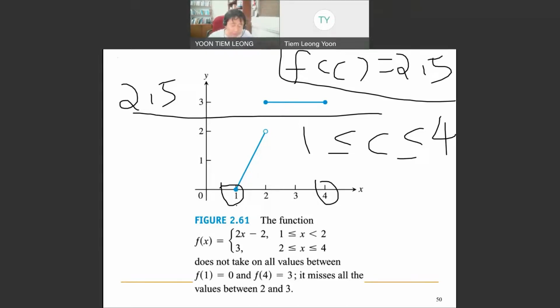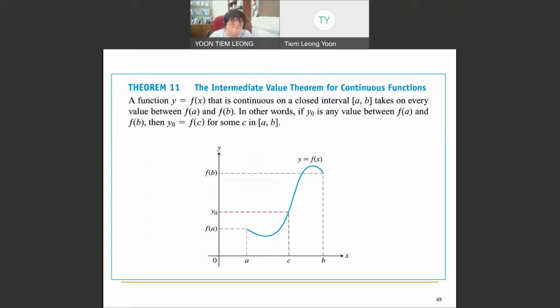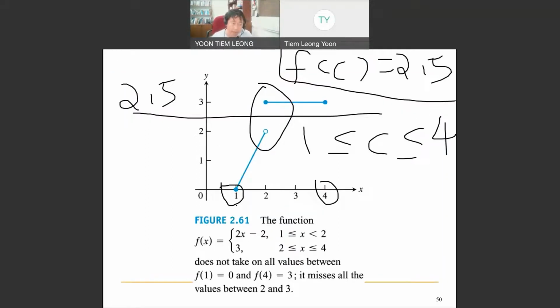It shows that if there is a discontinuity in the function, then it is wrong to apply this theorem. If you apply these theorems to a function that is discontinuous at a certain point, there will be some occasion where you will arrive at a wrong conclusion.